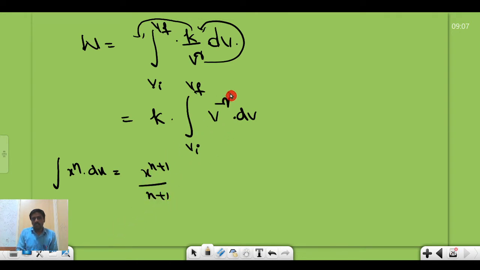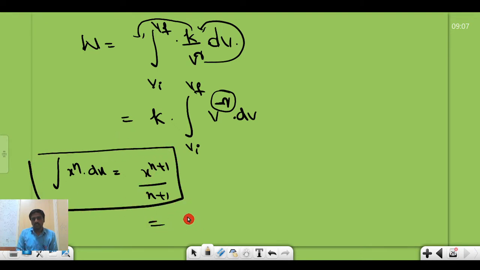Here, instead of n, we have negative gamma, so we substitute in this formula. Then the result is k into V^(-γ+1) divided by (-γ+1). This is the value we have.